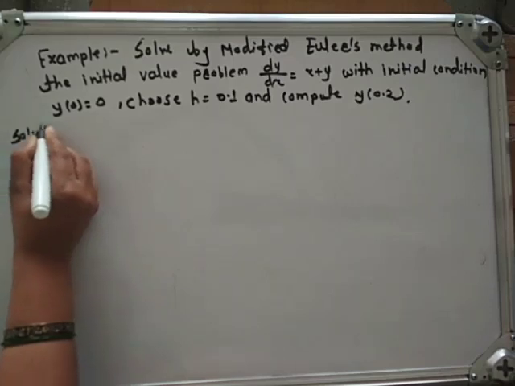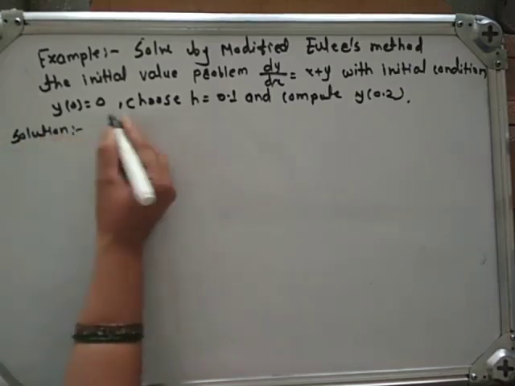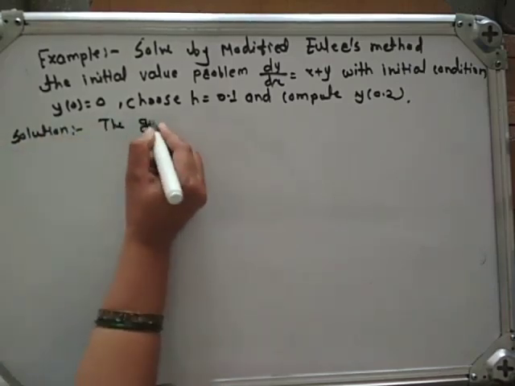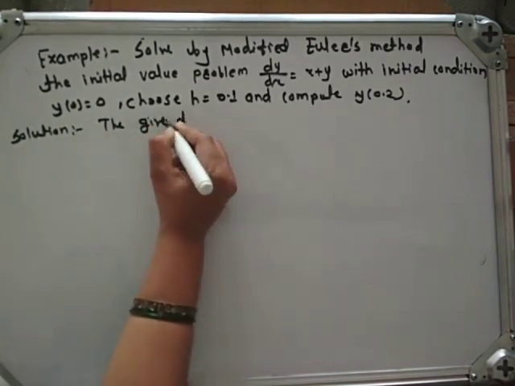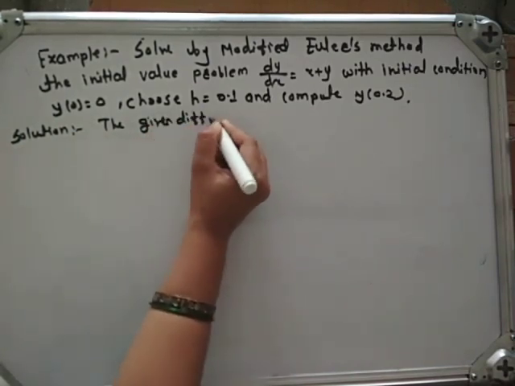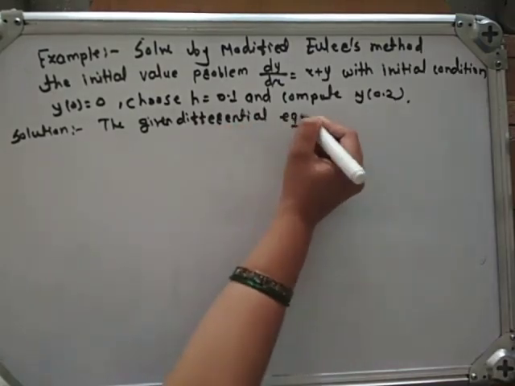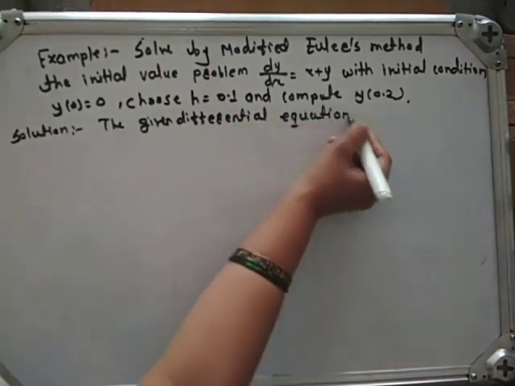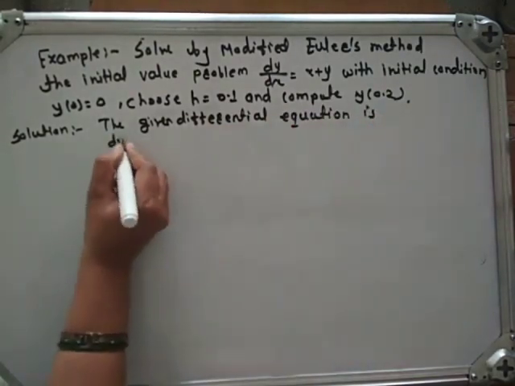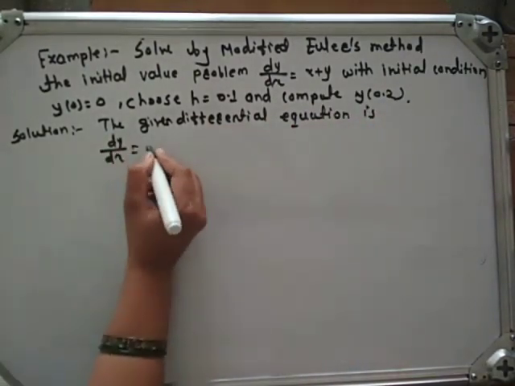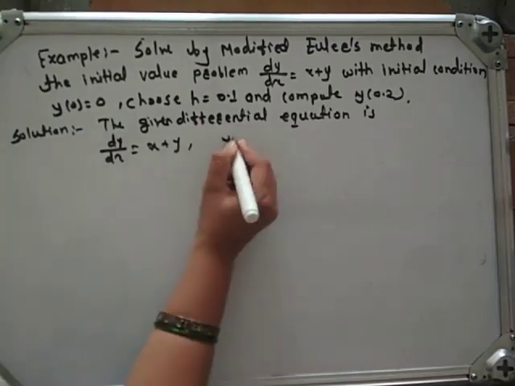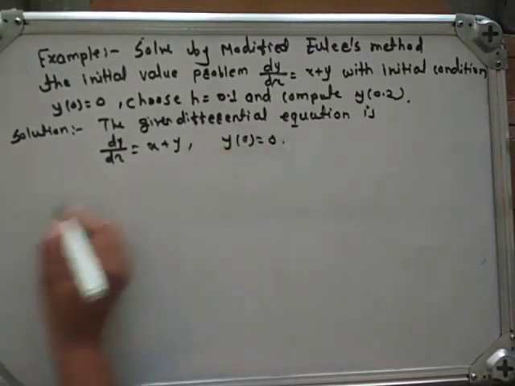Solution. The given differential equation is dy by dx is equal to x plus y with y of 0 is equal to 0.